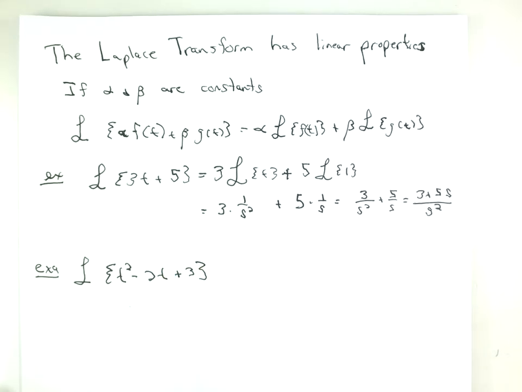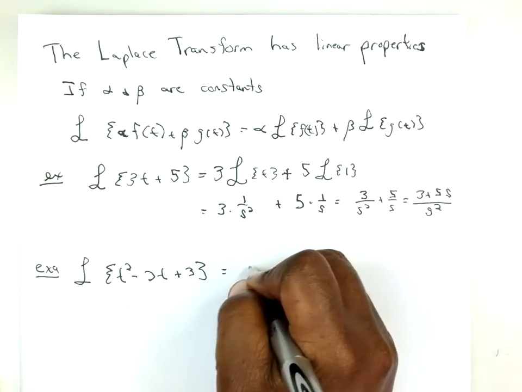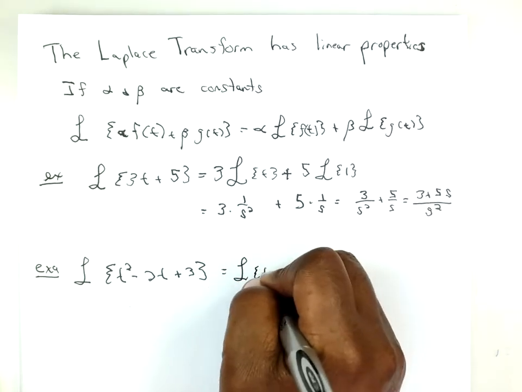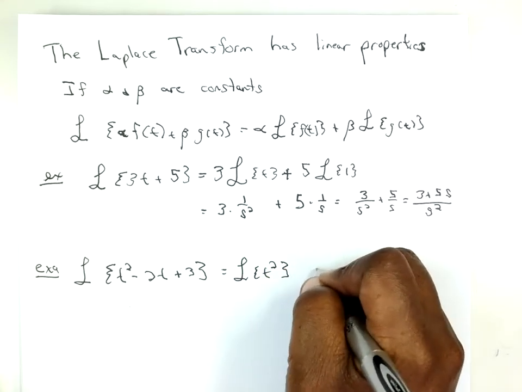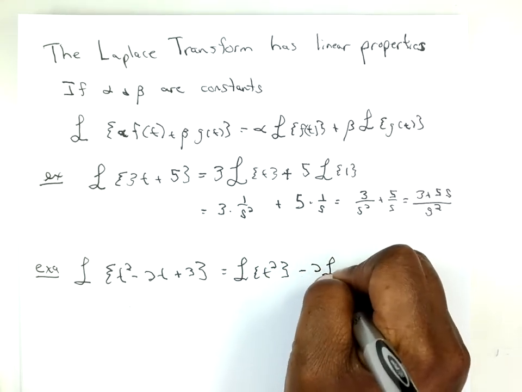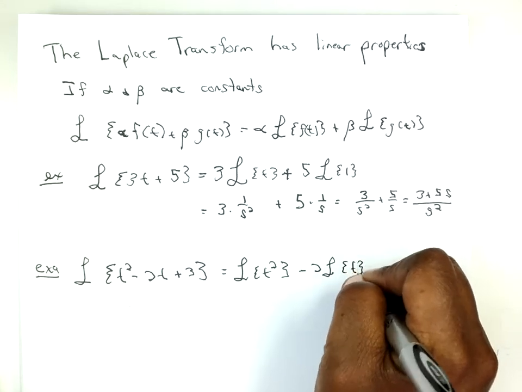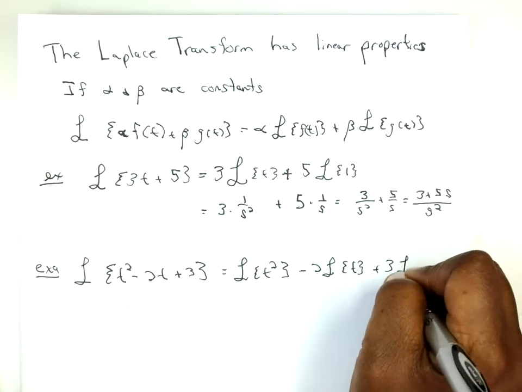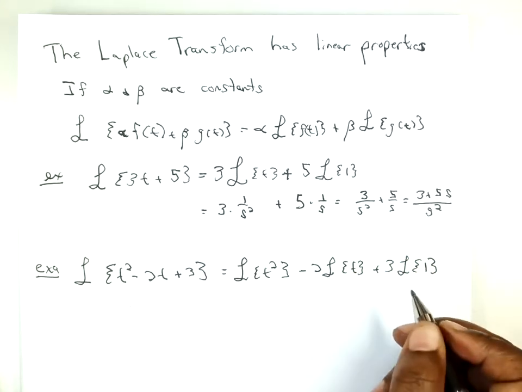Or if I have t squared minus 2t plus 3, again, I'm looking at the Laplace transforms of each one separately. So Laplace of t squared minus 2 times the Laplace of t plus 3 times the Laplace of 1.